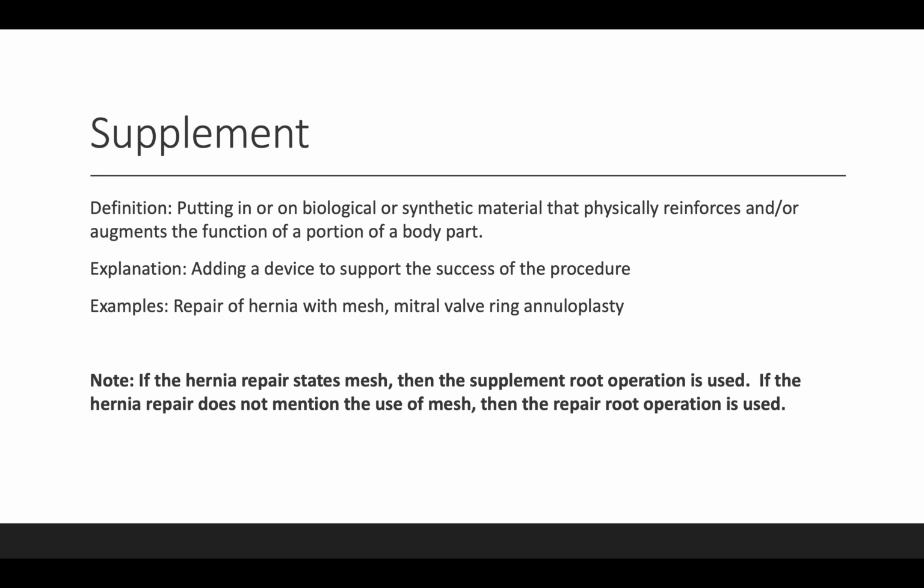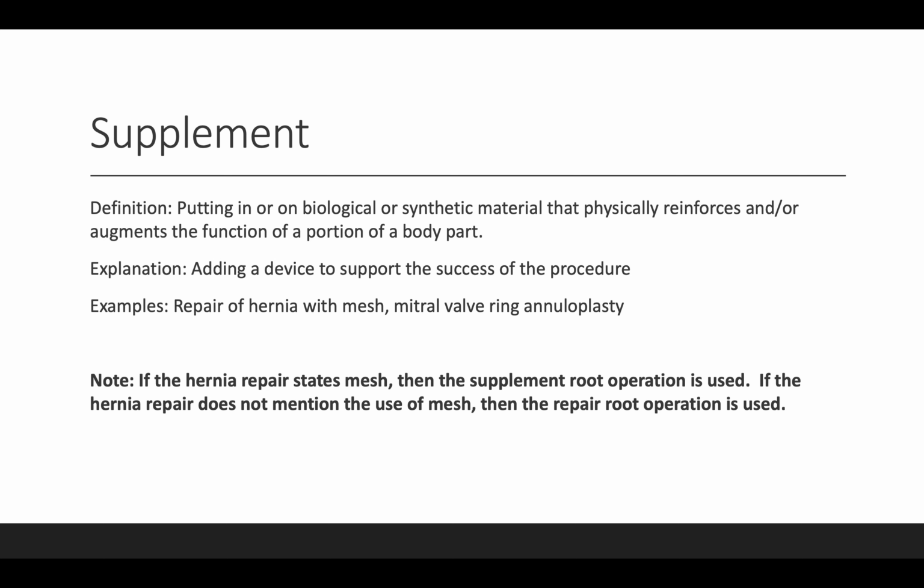Okay, next, supplement. Root operation definition is putting in or on biological or synthetic material that physically reinforces and or augments the function of a portion of the body part. The explanation is adding a device to support the success of the procedure.